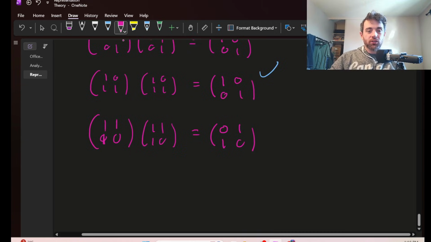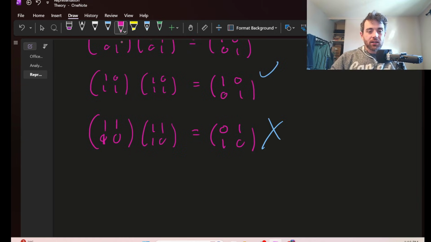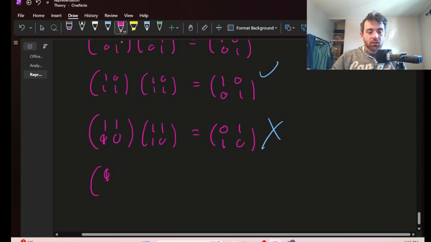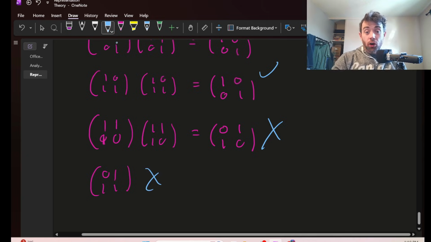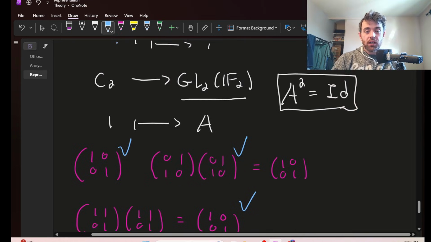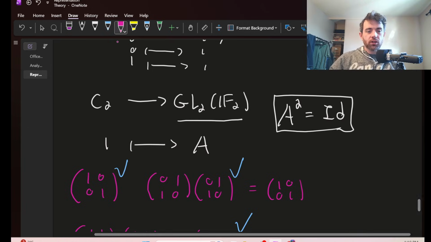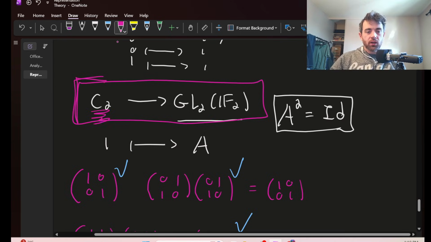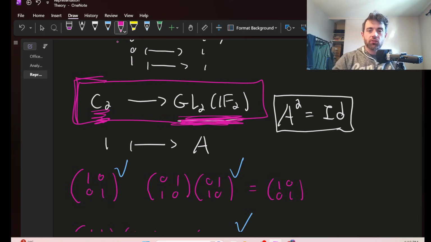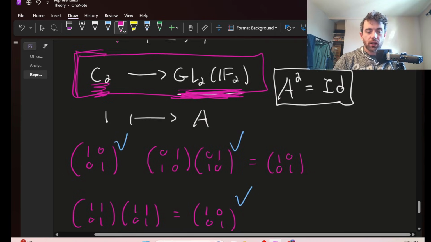So this one is going to be out. And its friend over here, 0, 1, 1, 1, will also be out for similar reasons. So we have obtained already a complete classification of all of the possible representations for the group, the integers mod 2, over a two-dimensional vector space, right? Two-dimensional vector space over the field with 2 elements.